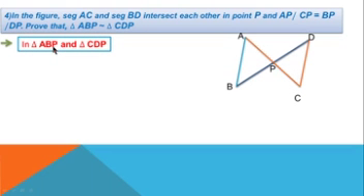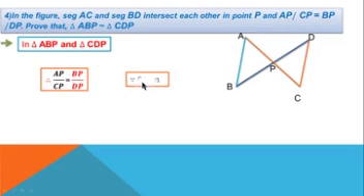In triangle ABP and another triangle CDP, AP divided by CP is equal to BP divided by DP. That is given.